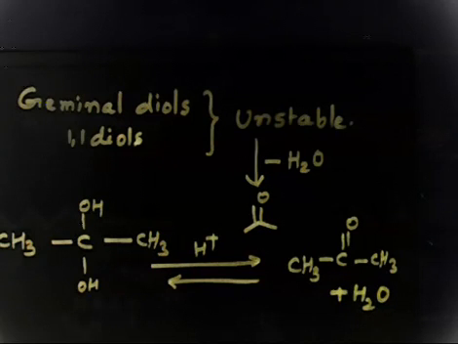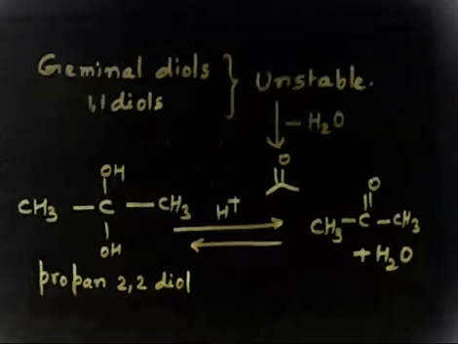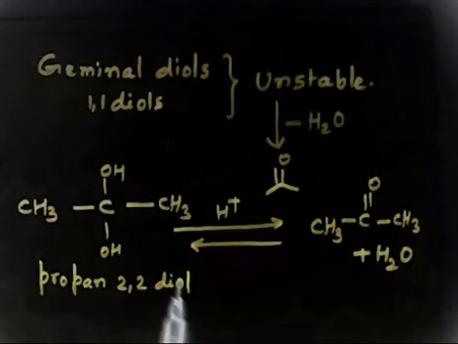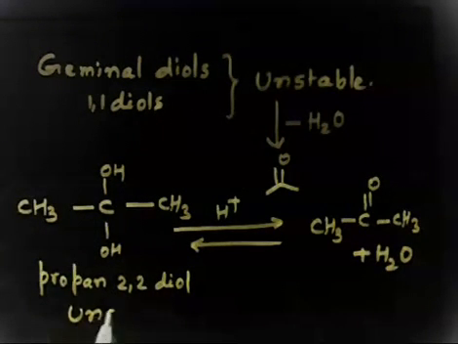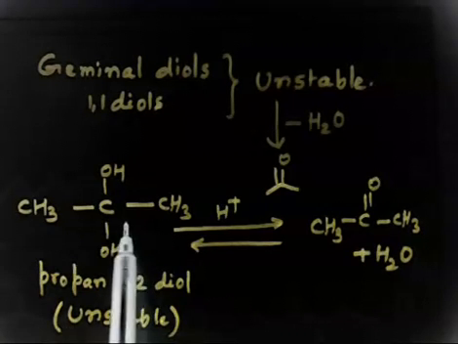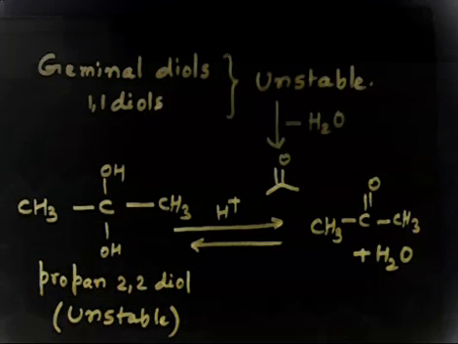This is propane-2,2-diol: propane with three carbons, and at position number 2 we have the 2,2-diol. You have to give me the mechanism because this is an unstable form. It can lose one molecule of water and form acetone. So this is also called a hydrate of an aldehyde or ketone.